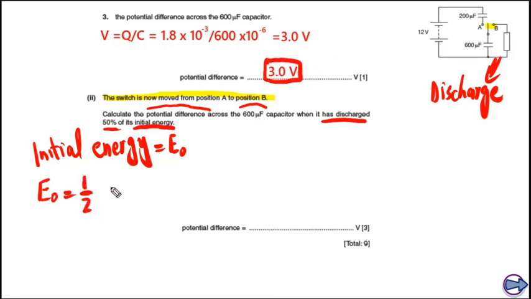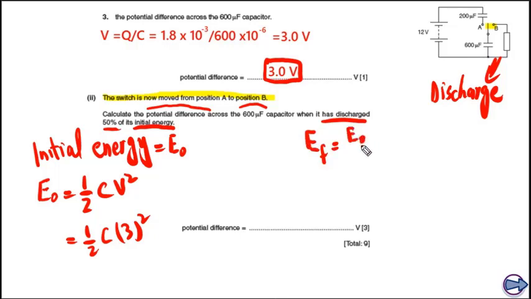Energy is equal to 1 half CV squared, and we replace V with its value, 3. So this is the initial energy. Now the final energy is half of the initial: E F is equal to E naught over 2.